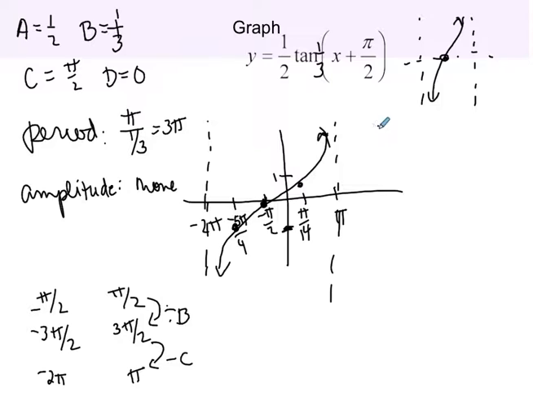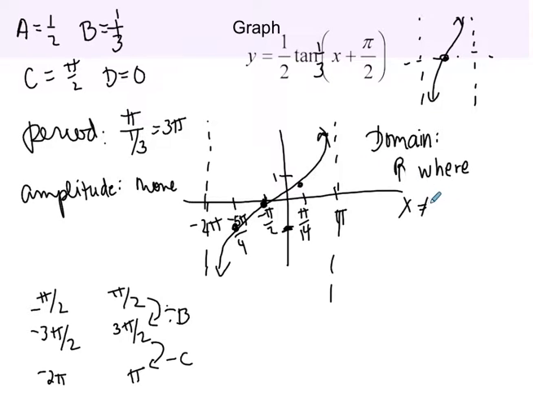Okay, my domain is all real numbers where x does not equal an asymptote. So I cannot have it be equal to an asymptote.